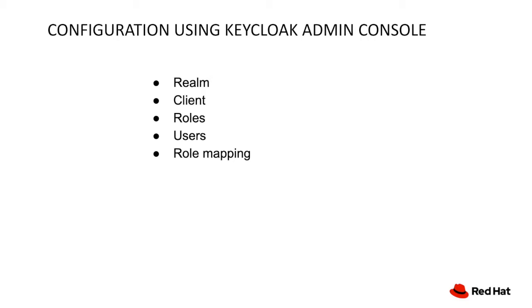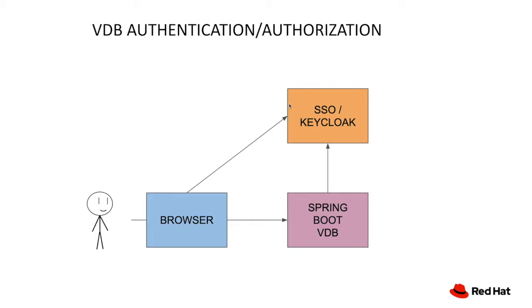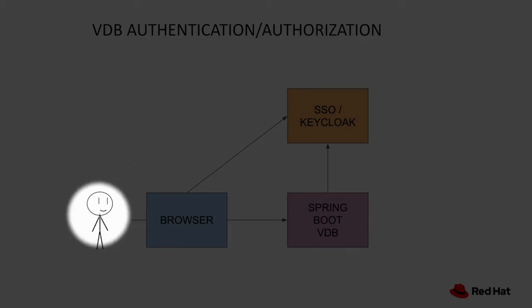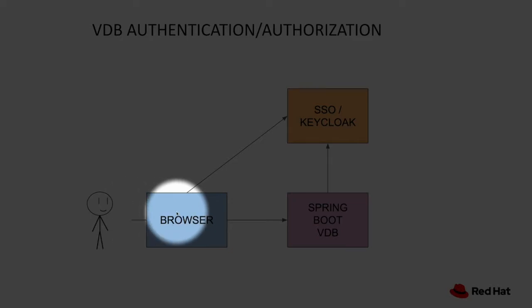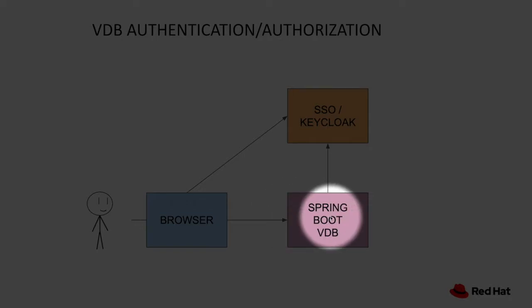And this is how Keycloak works with our Spring Boot application to do authentication and authorization. Say the user here wants to access the Spring Boot application using OData, so we put the URL in the browser and hit enter, and the request is sent to our Spring Boot application.